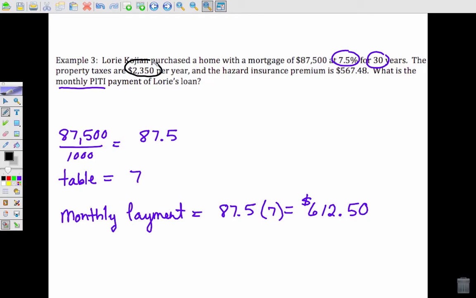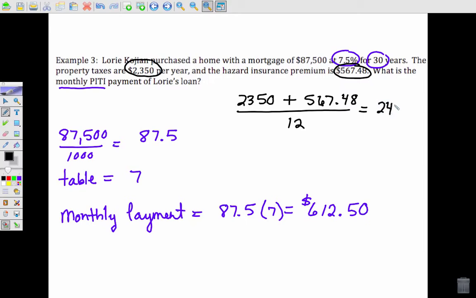All right, if I want to figure out how much for taxes and insurance, I'm going to take the $2,350. I'm going to add the insurance here of $567.48. So that's for the whole year. That's taxes and insurance. Divide by 12. This is going to give me the amount per month. If I divide that by 12, I'm going to get $243.12.